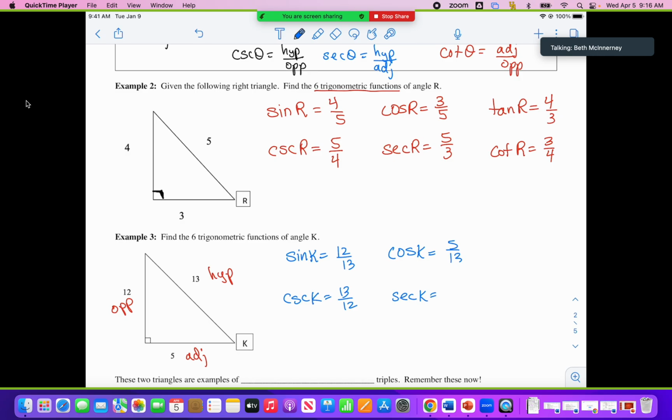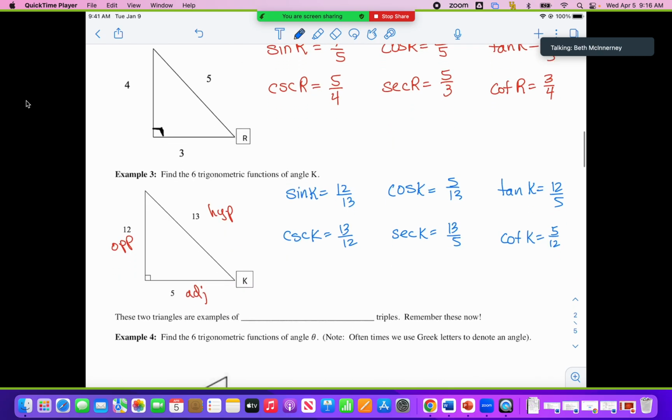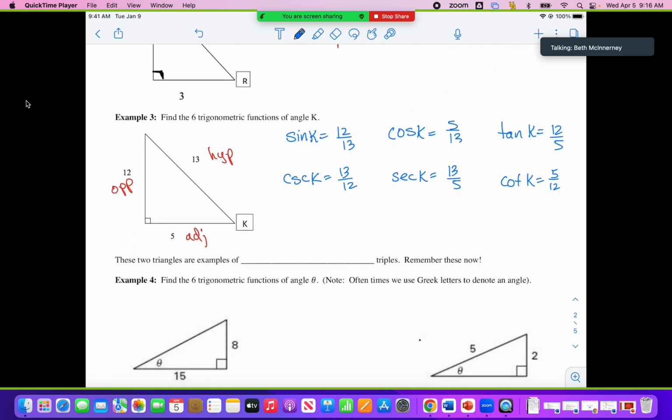And then Gabe, what would secant K be? 13/5. Then we're going to do TOA, tangent K. Mackenzie, what's tangent K? 12/5. Then Cal, what would cotangent K be? 5/12.